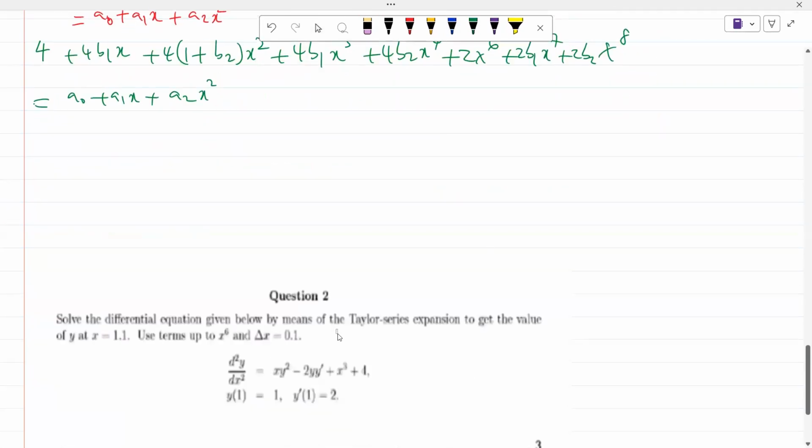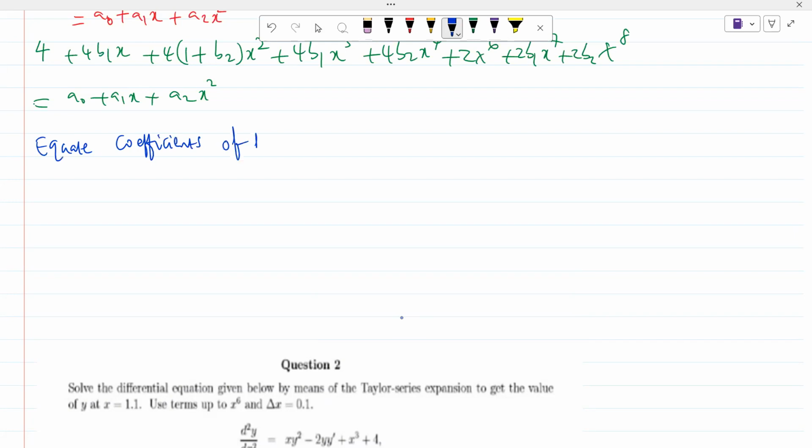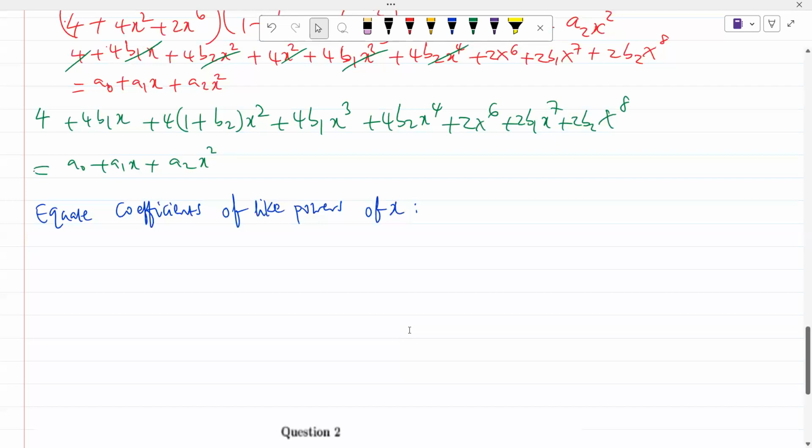We say we equate coefficients of powers of x.